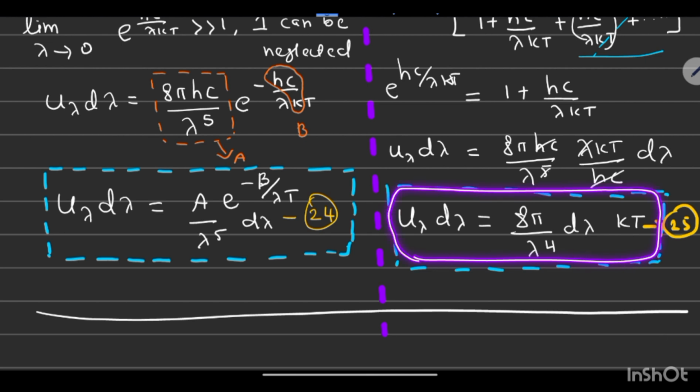So this is the Rayleigh-Jeans expression for spectral energy density.